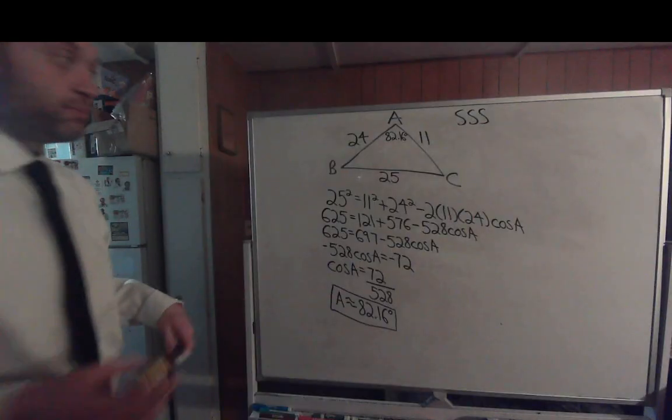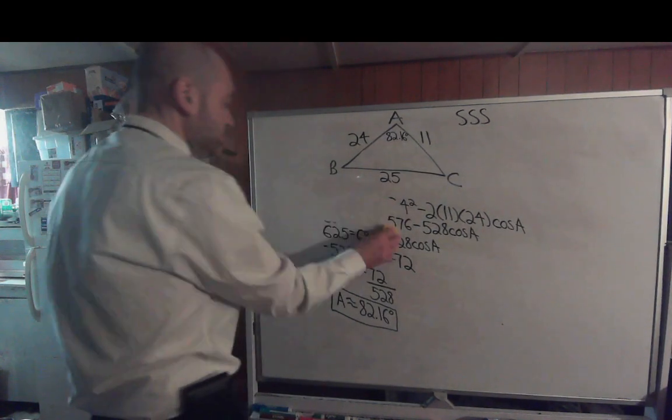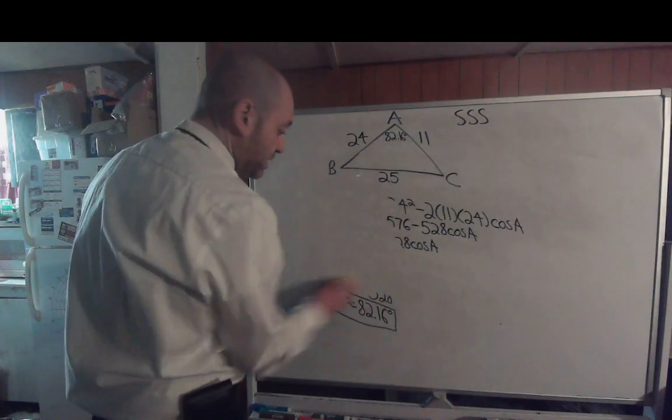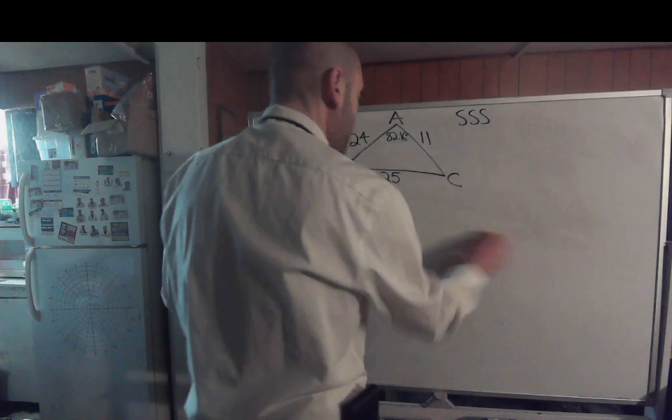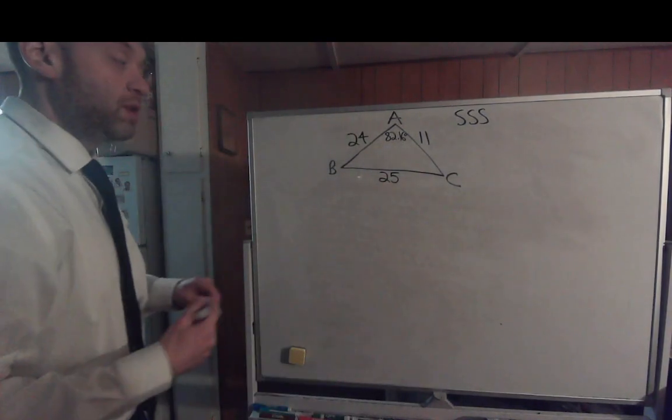And again, your values may differ slightly, only slightly, depending upon which angle you started with. I just go in alphabetical order. That's just simplest to me. But I'm going to vote we go for angle B. And if you need to see how I worked it out, please feel free to rewind the video.